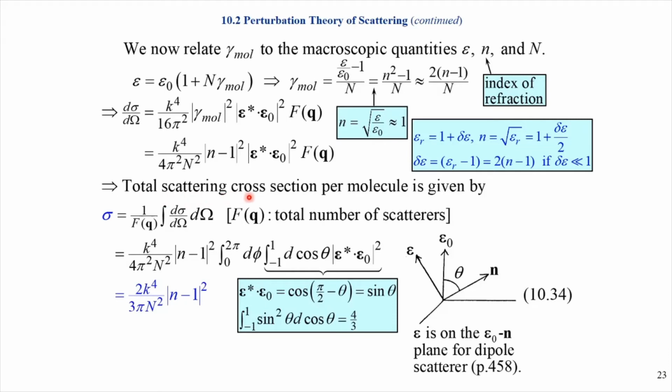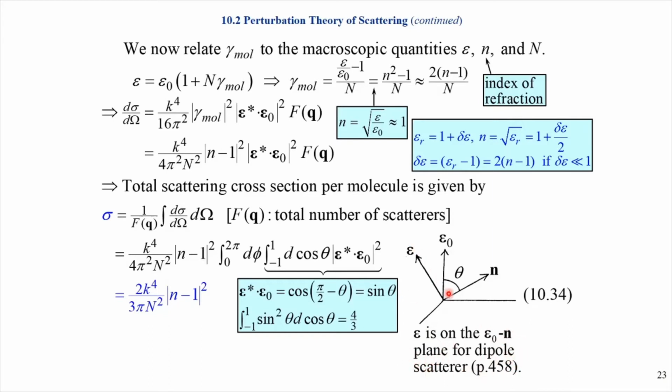The total scattering cross-section per molecule is defined by this one. It depends on the number density, depends on n minus 1 squared divided by the density squared, and more importantly, depends on k to the 4th. So epsilon is only epsilon 0 minus n plane for dipole scattering.